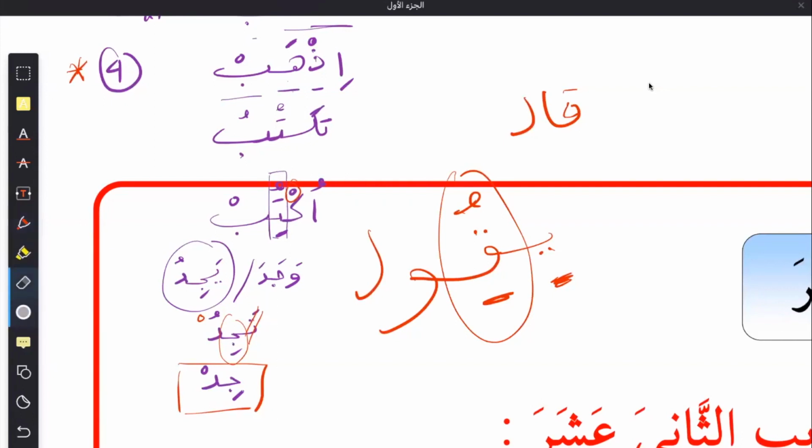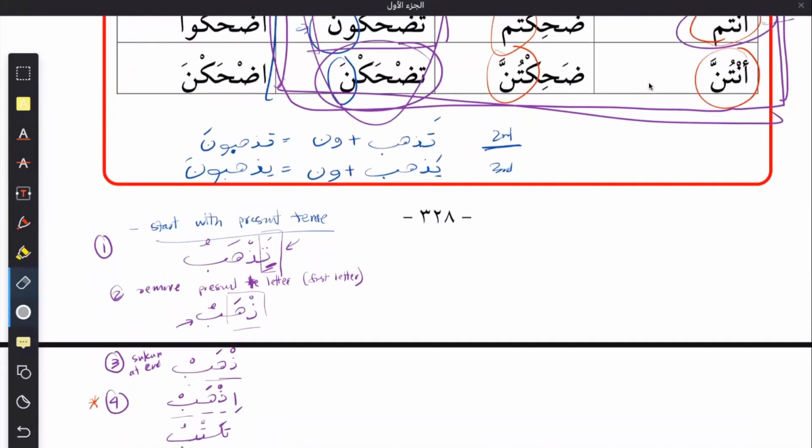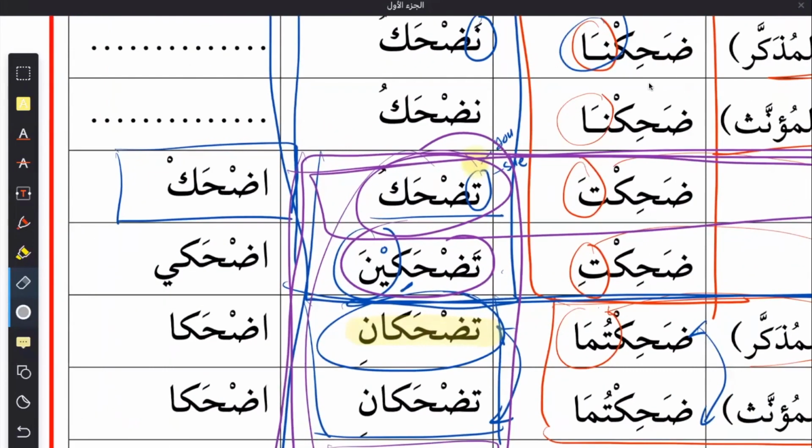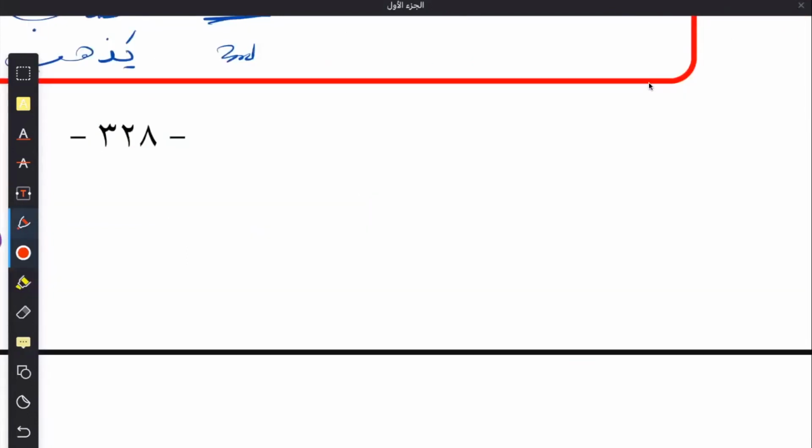Now, excellent. So you do realize that all of this we've done is only for this one, you masculine. I'm just thinking how to explain this easily without going into a very detailed discussion about the grammar. Let's say we want to do second person feminine, anti. Okay.